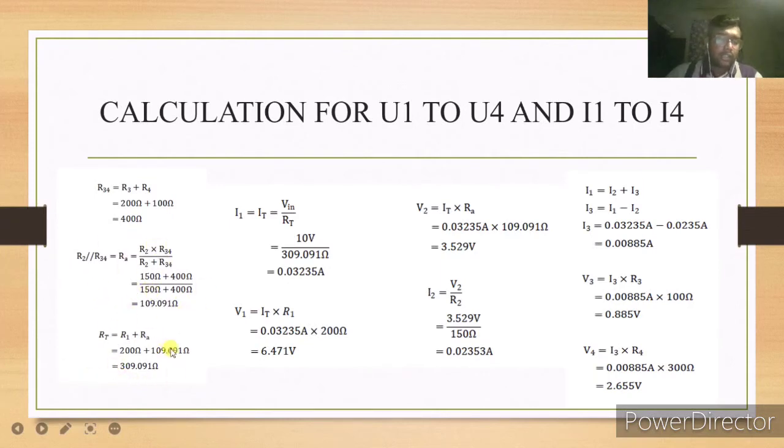The total resistance is calculated by normal addition. This is the formula we used to find I1, V1, V2, I2, and we used Kirchhoff's current law to find the current I3, and Ohm's law to find V3 and V4. So this is the basic explanation for this calculation.